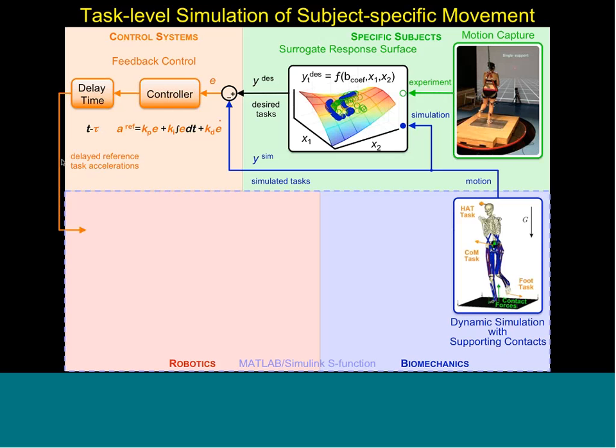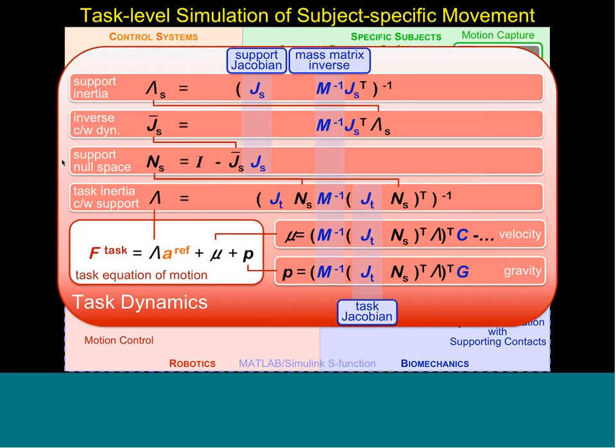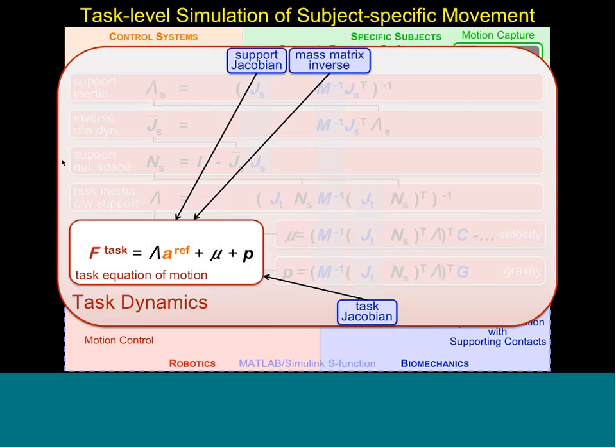The last part of the controller is, now that we have these reference accelerations, how can we use those to generate our task forces? So here there's a relationship. I don't want anybody to lose sight of the big picture here, and I'm not going to go through the details of the equation.